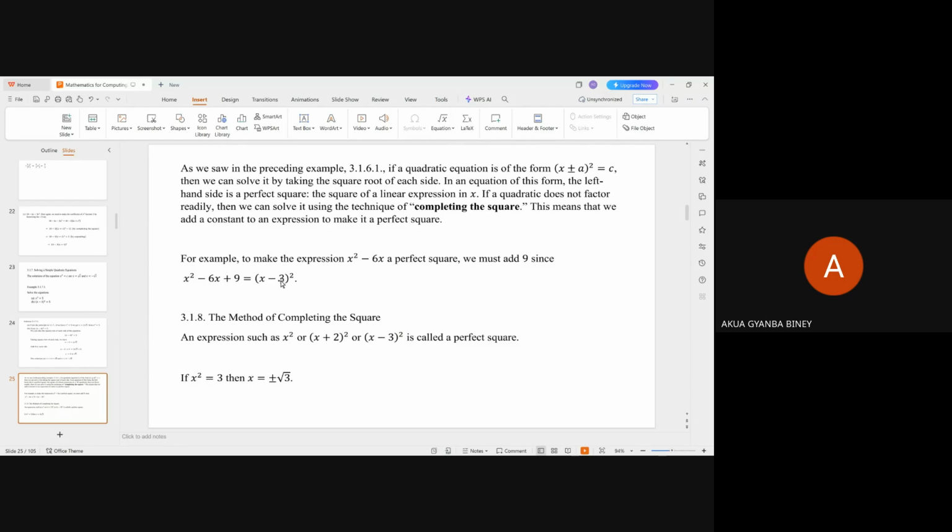Don't worry your head too much about where the 9 is coming from. If we add 9 to it, we get this. Now if you expand this, you get this whole thing, x squared minus 6x plus 1. So it's trying to say that to get a perfect square, it should be of this expression.